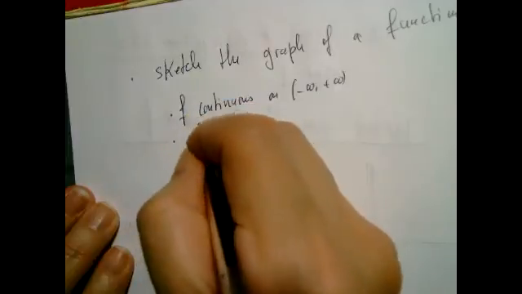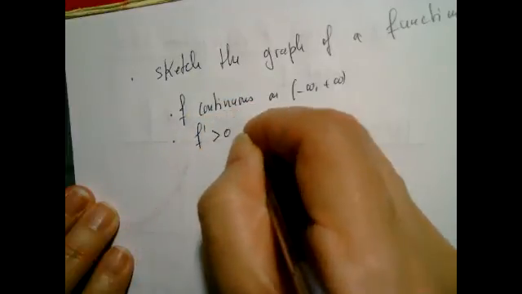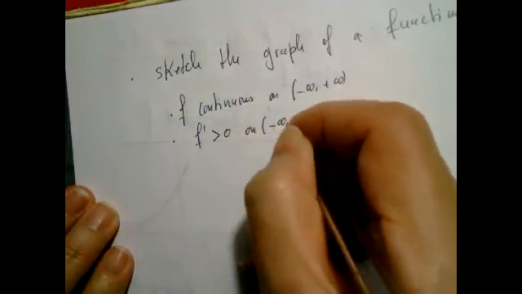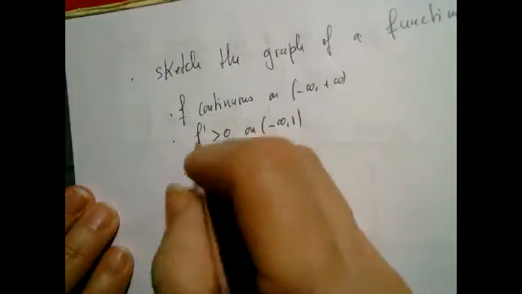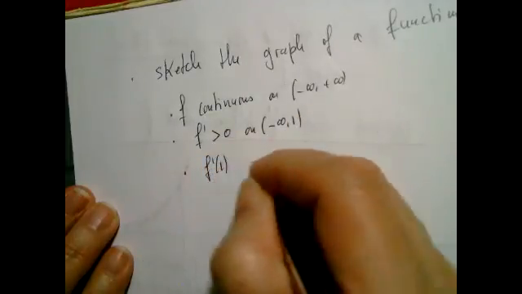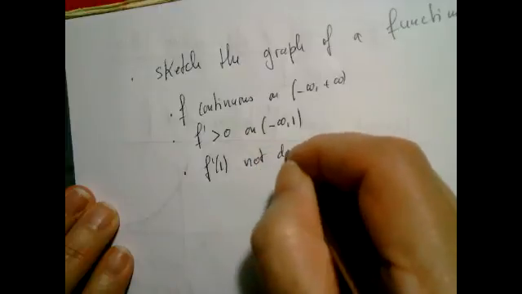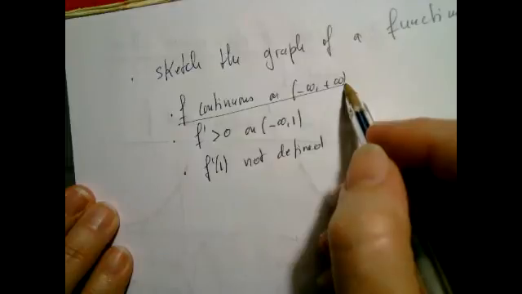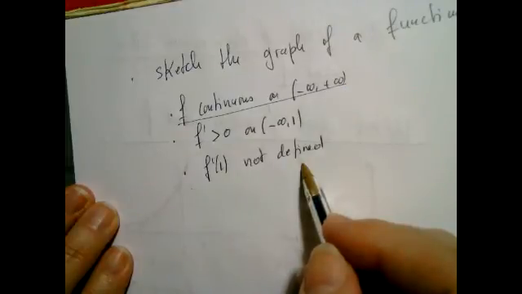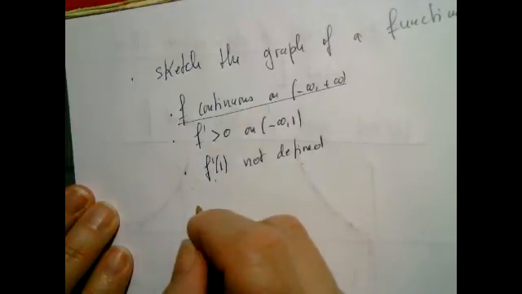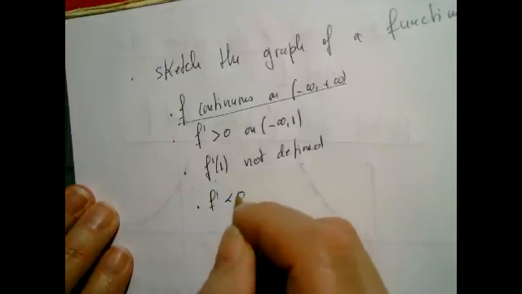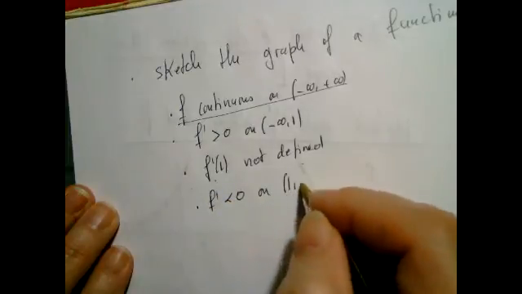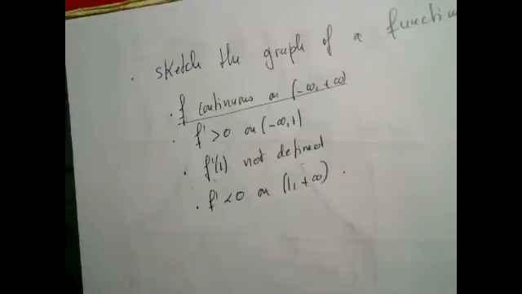F prime positive on the interval minus infinity to 1. Okay, I want f prime of 1 not defined. So we have an issue with the derivative, not with the function. The function has no problem. I want the problem with the derivative, and then f prime negative on the interval 1 to plus infinity.